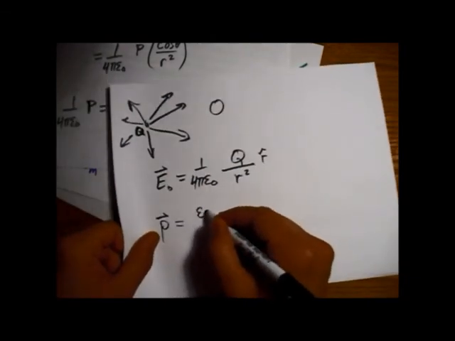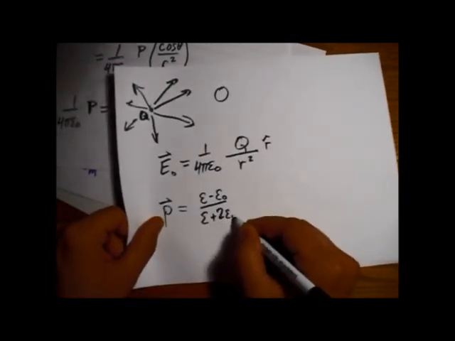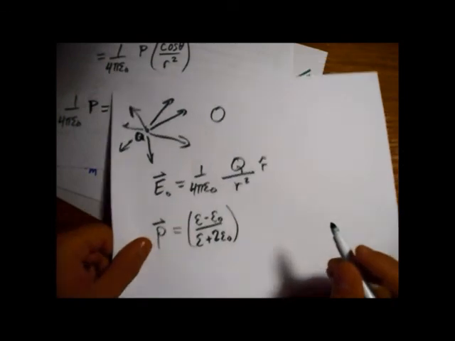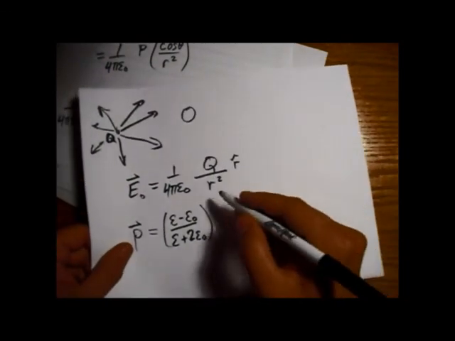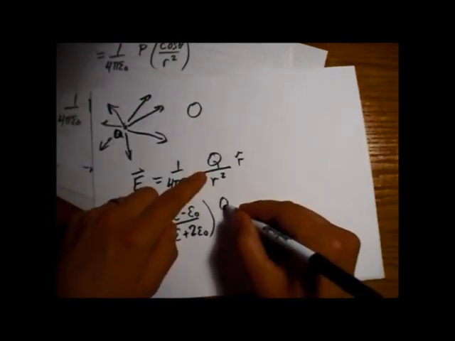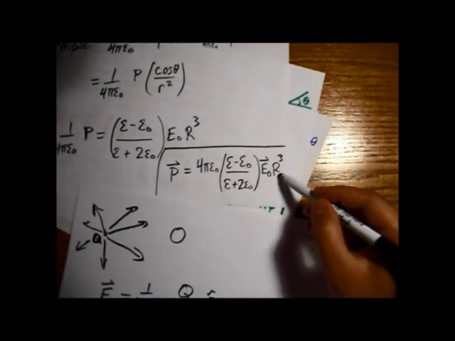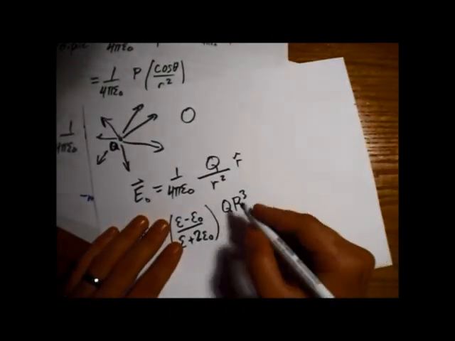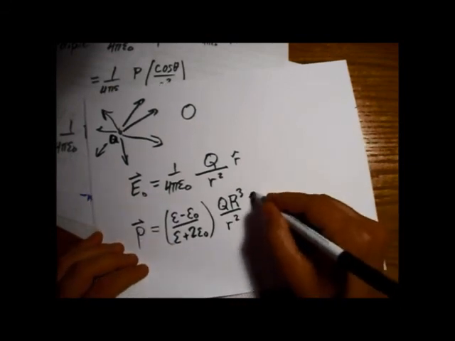We have an epsilon minus epsilon naught over an epsilon plus 2 epsilon naught, like this, okay? E here is what we're plugging in. So we have a Q, and then we have an r cubed from up here, and then we have our r squared, and it's in the r hat direction, right? So that makes sense, right?